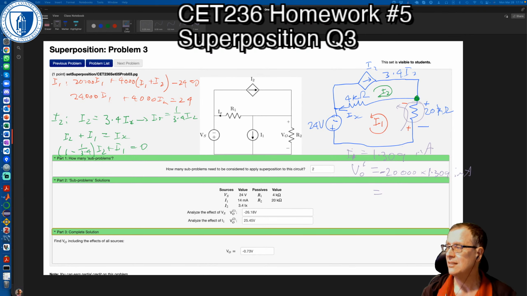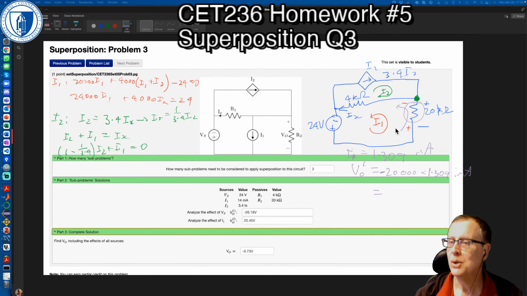So our Vout is going to be, no, it's got to be 1.309 times 20,000. And it's got to be negative because I took my I1 going in the wrong direction. I can do that.